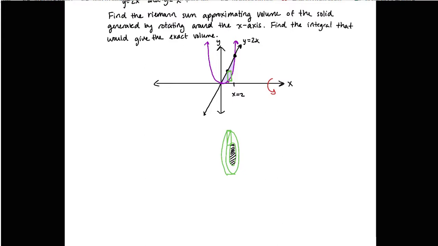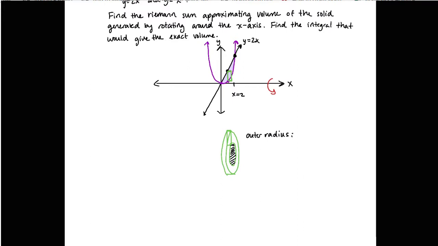Let's go in and fill in some dimensions here. We've got our outer radius. It's helpful to look at the rectangle for that part. The outer radius is going to be the point that's on the black line, 2x.